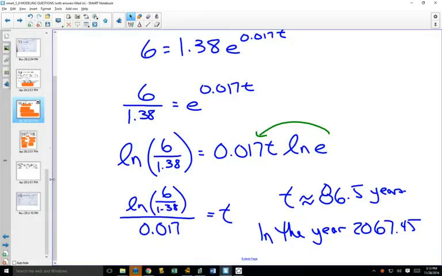T is 86.5, and that would be 86.5 years after 1981. So then it would be sometime in the year 2067.